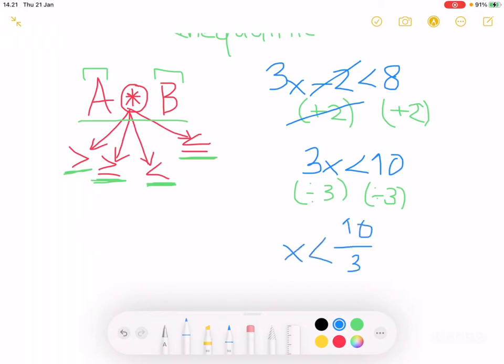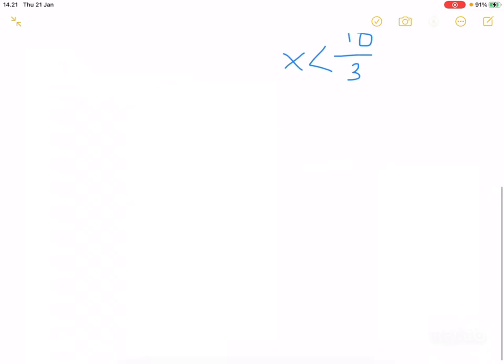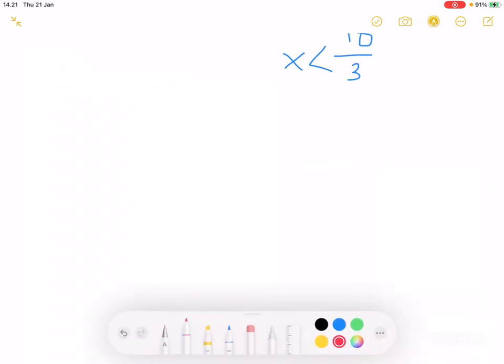Now this is just an example of what a linear inequality should be. However, there are two tips that I should give you when solving linear inequalities. For the first one, let's say you work things out and come to an expression like negative x is greater than negative 8.